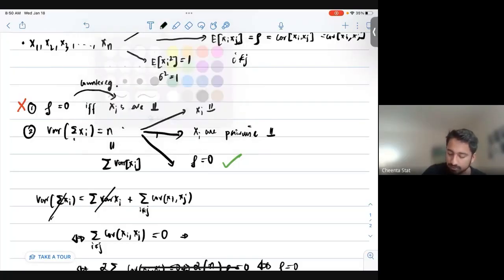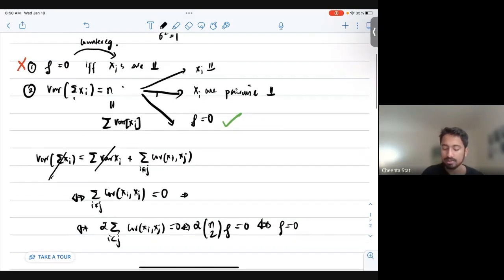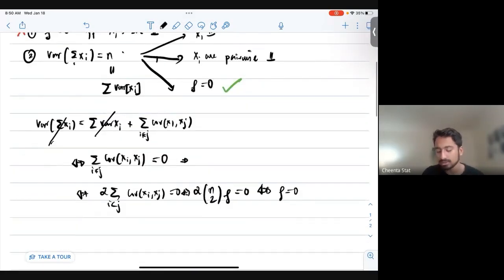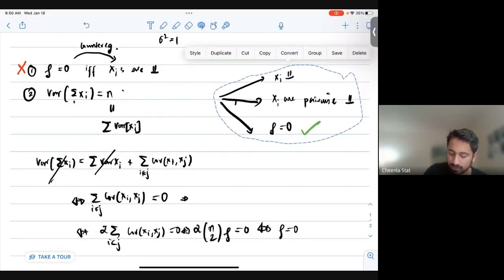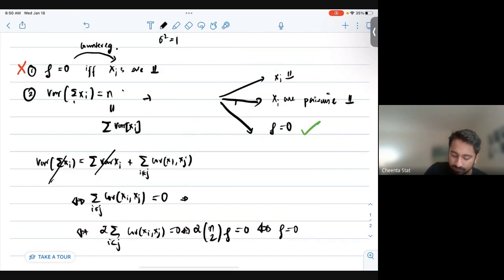But what about these? Are these not true? These are true because it's the same thing. It's the same thing if and only if rho is equal to 0. So rho is equal to 0 if and only if these two statements, which we have proved here, are the same.